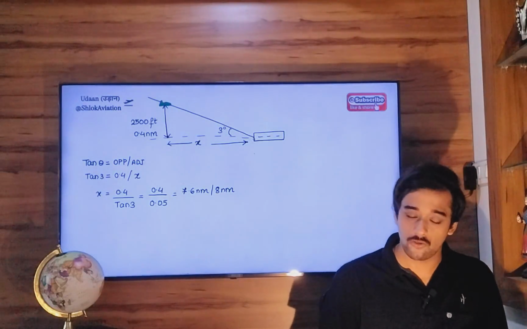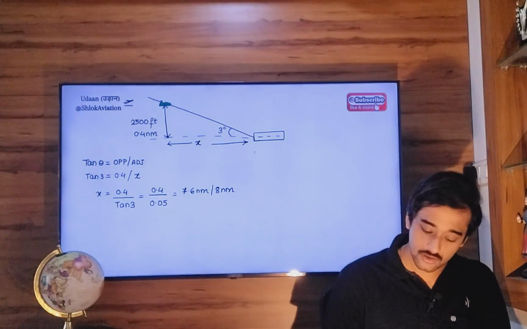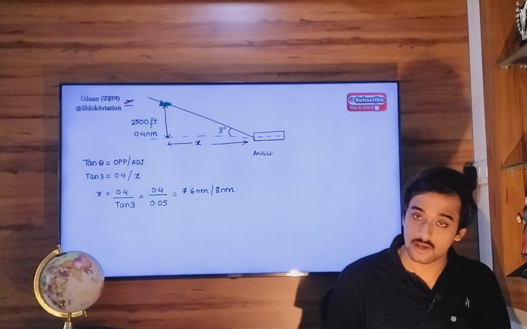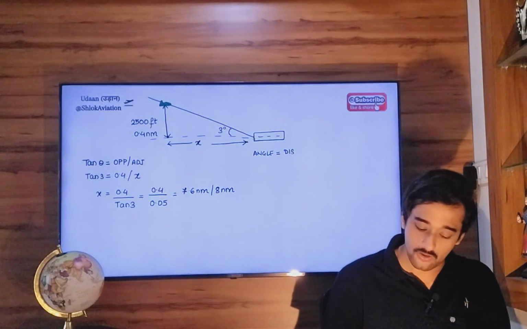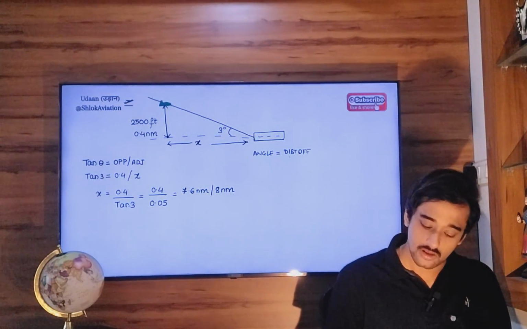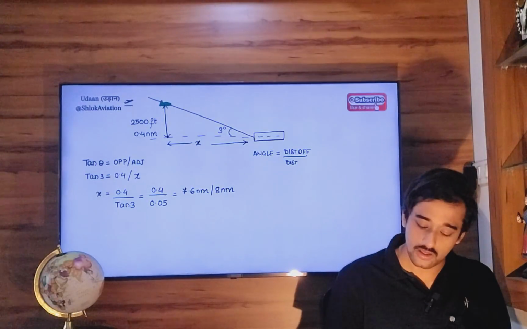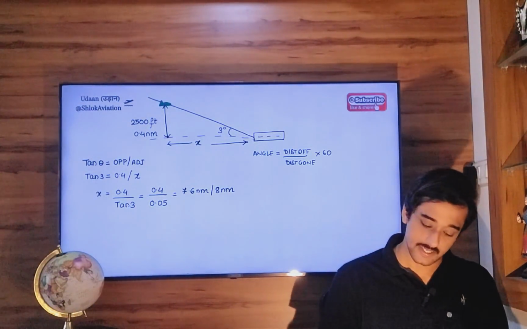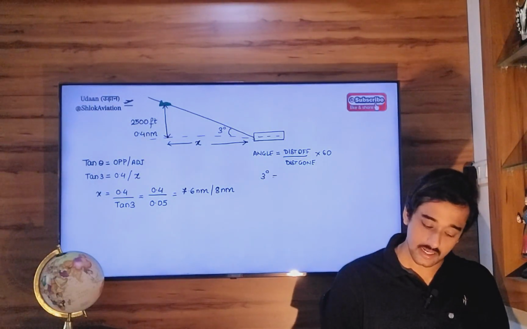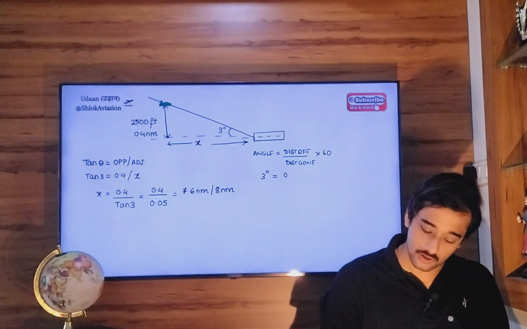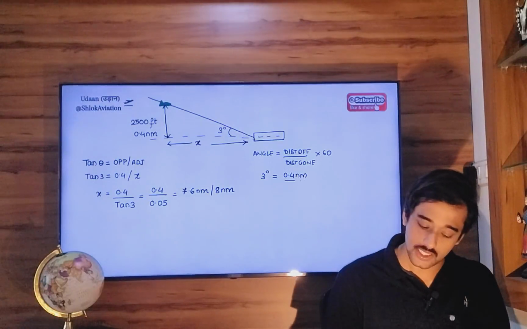Using the 1 in 60 rule, what is the formula? Track error angle, or any angle, equals distance off track divided by distance gone, multiplied by 60. So the angle is 3 degrees, the distance off track is 0.4 nautical miles, and the distance gone is x, multiplied by 60.